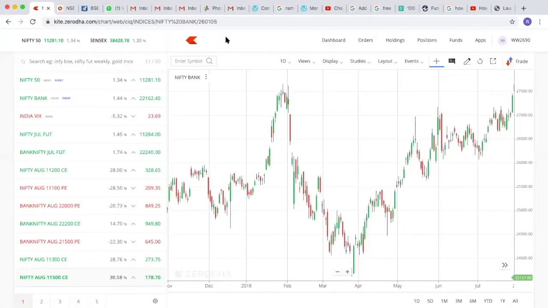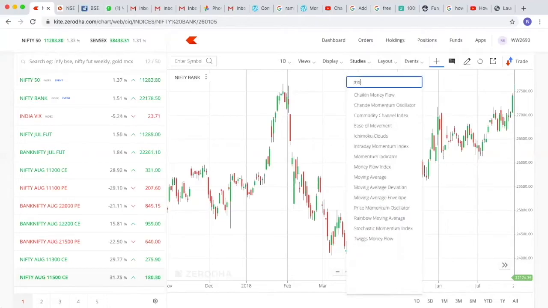Okay, so this is my Zerodha platform, which is a Nifty 50 chart. So this is a Nifty Bank, in fact, which I've taken. So let me first plot the moving average so that we can understand what we can derive out of it. To plot a moving average, you have to go to the study.